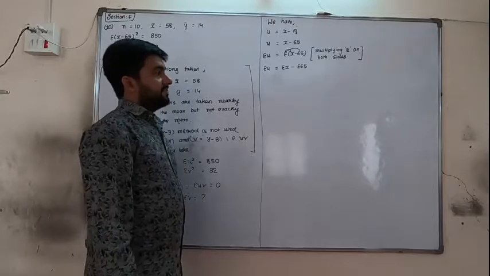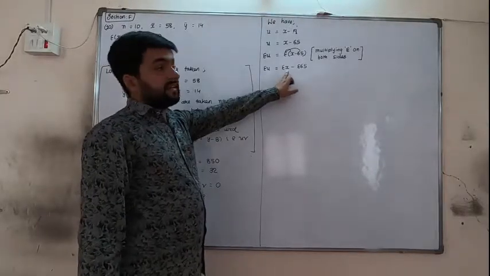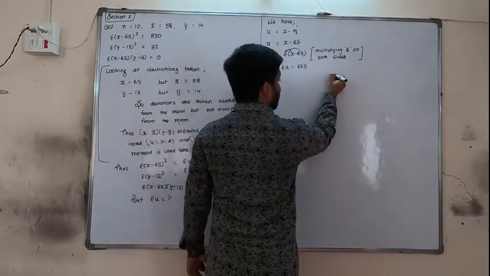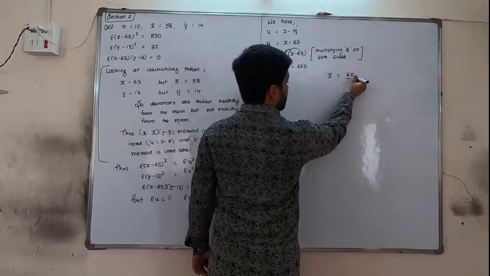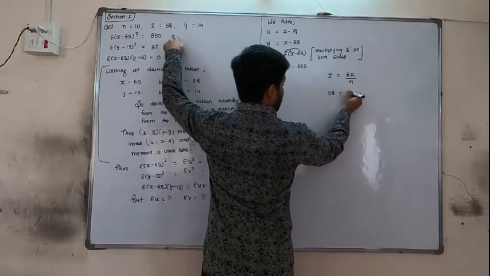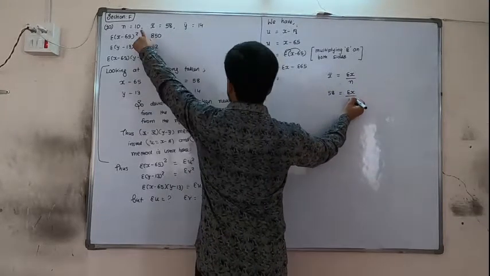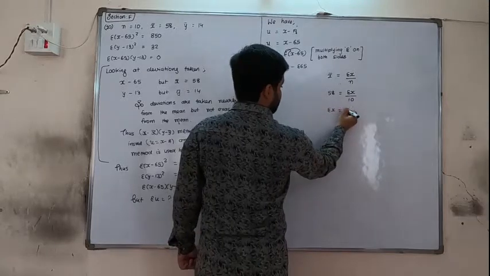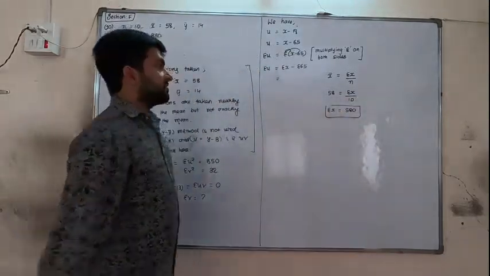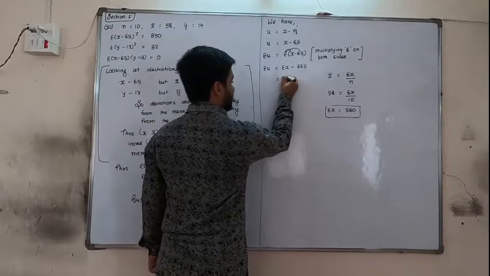Now we have sigma x and this value also. How to find sigma x? X bar is equal to sigma x by n. X bar is 58, sigma x is unknown and n is 10. So sigma x is 580. How 580? 58 times 10 is 580.